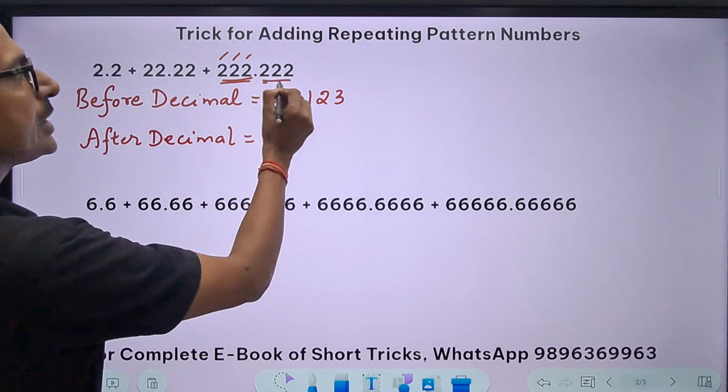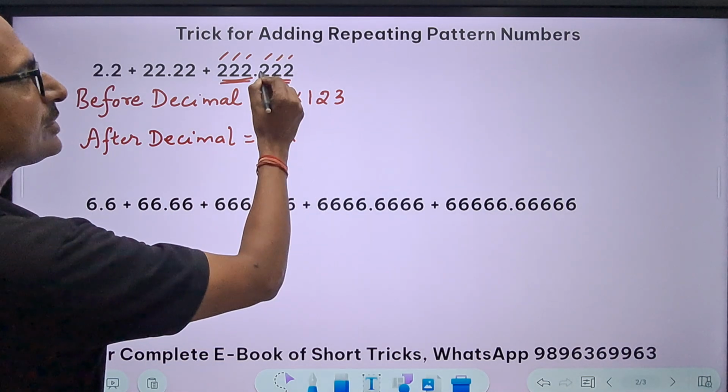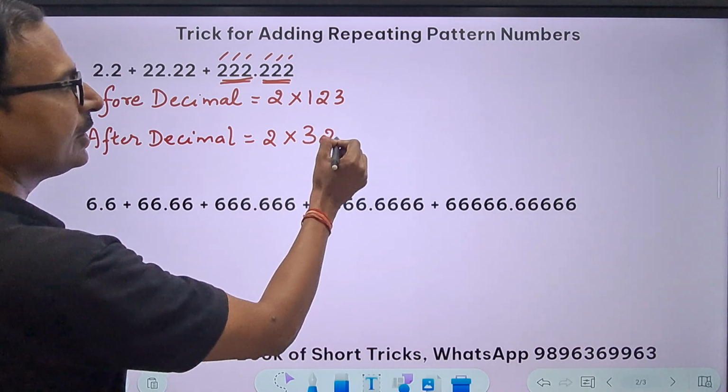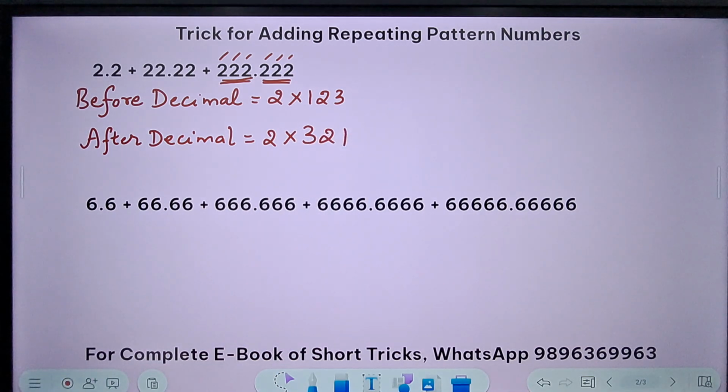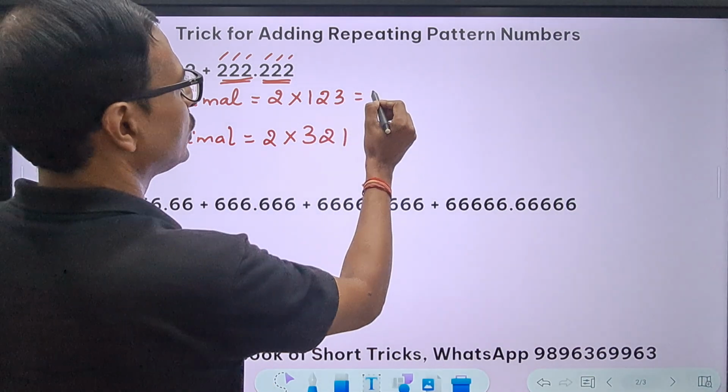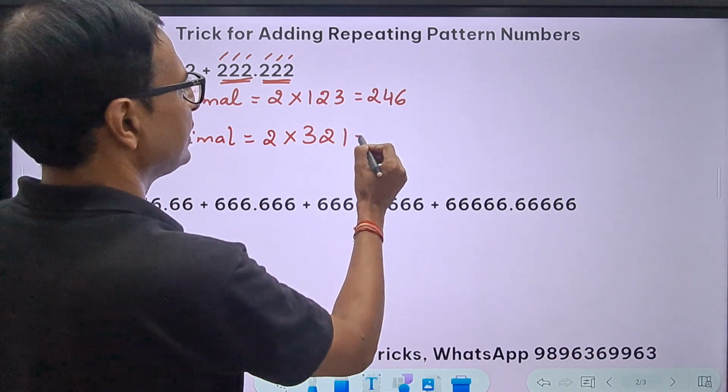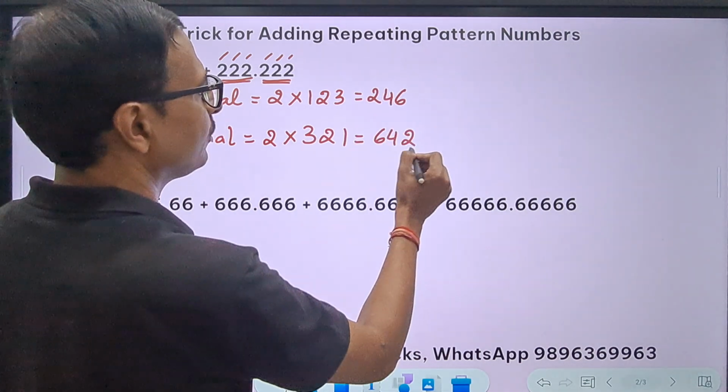And how many 2's are there on the right side of the decimal? 3 2's. So I'll multiply this by 3 to 1. And so I'll get, this is 246 and this is 642.